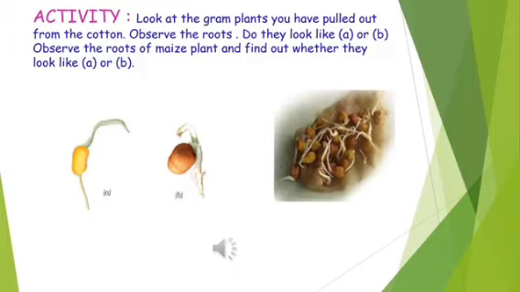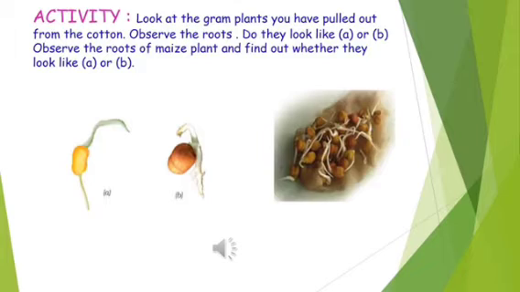You are going to take those 2 seeds which have sprouted and given out the roots and observe the roots of the maize plant and the gram plant which have sprouted out.